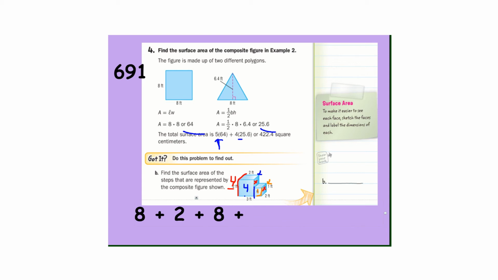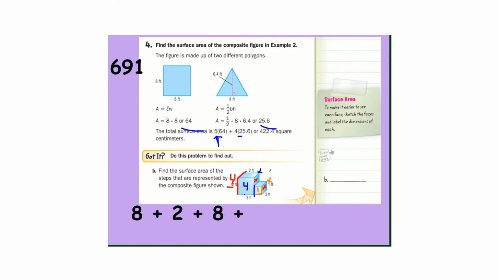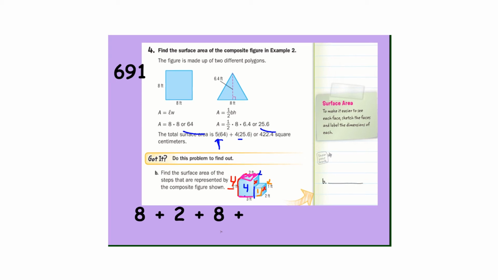Now we have our top and our bottom. So let's try this. We have 2 by 2 is 4. That means this part down here that's sitting on the table is also 4. Oh, I could have done that one differently, but I'll just do it like this. This is fine.